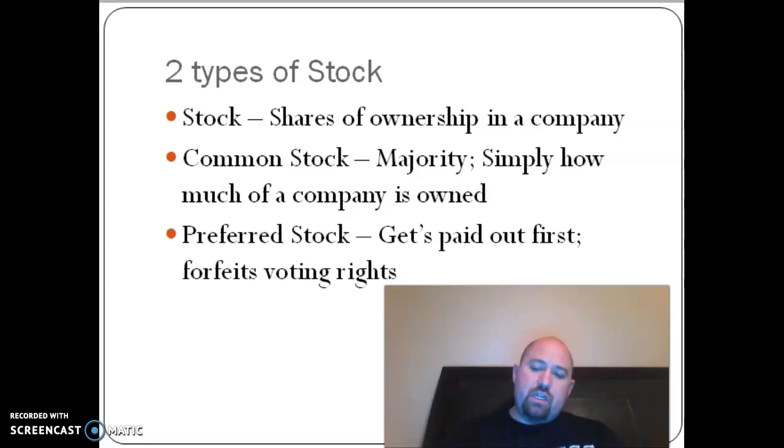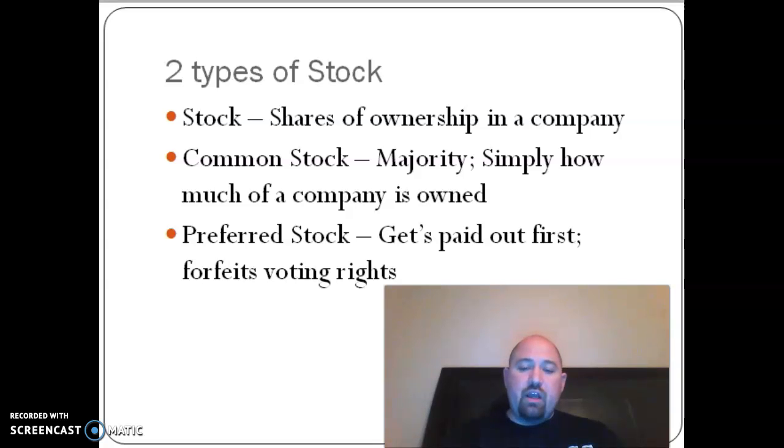Now, preferred stock operates a little differently. You can buy preferred stock in a company, but you give up all of your voting rights, meaning you give up any say in how that company does its business. But in the case that the company starts to fail or declares bankruptcy, what they do is liquidate. They sell off everything. They take as much money as they can that they get to keep, and they divide it up among its owners based on their shares.